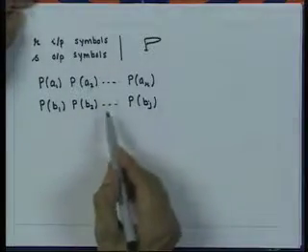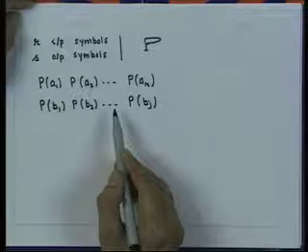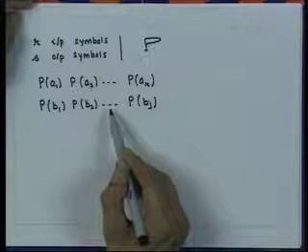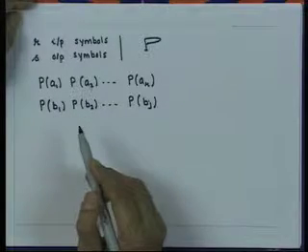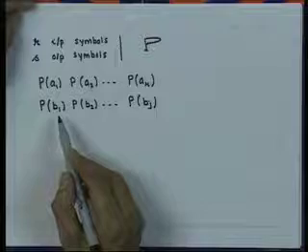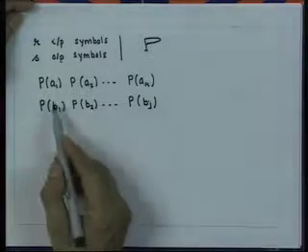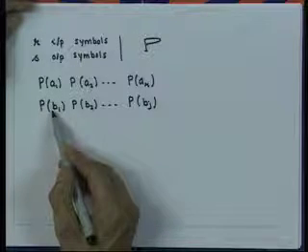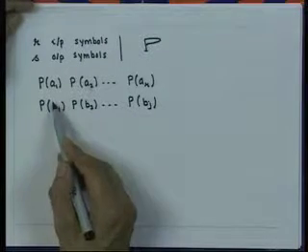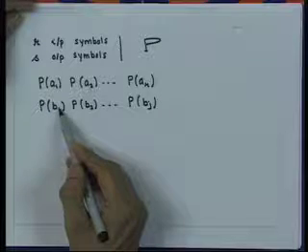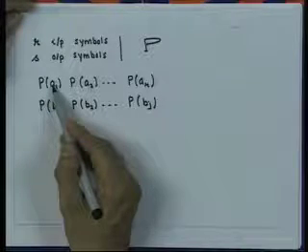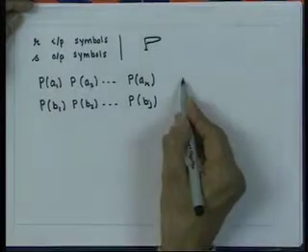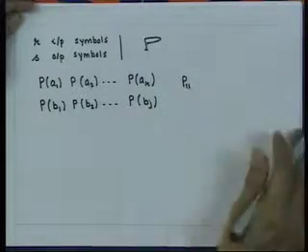Now if you look at the output symbol B1, for example, there are R ways in which we might receive output symbol B1. So if A1 is sent, B1 will occur with probability P11.